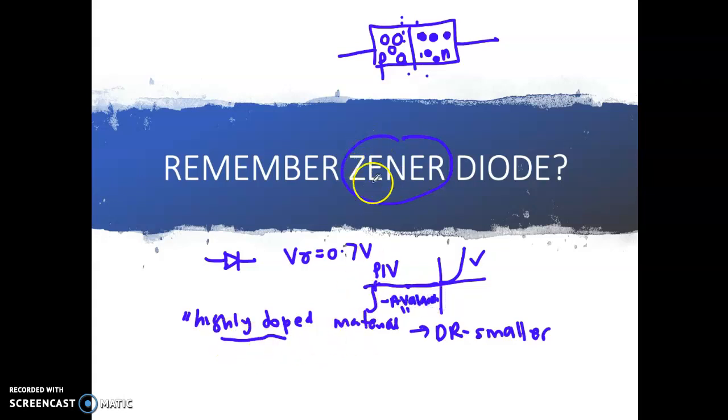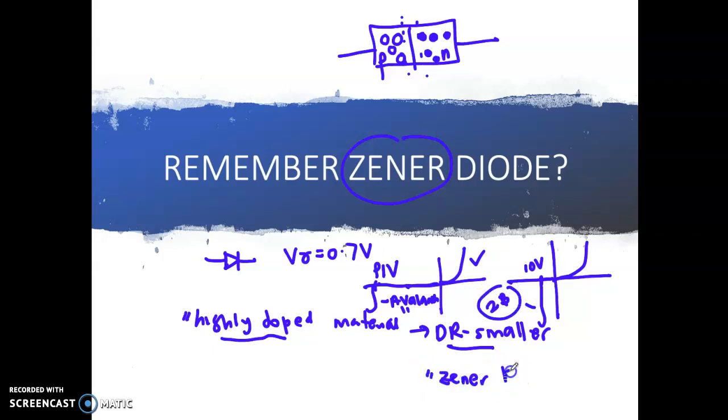But in your Zener diode, we are going to purposely make it function at reverse bias. Since the depletion region is smaller, even at maybe 10 volt, you can directly have some current flow. So this is not avalanche, this is what we call Zener breakdown.